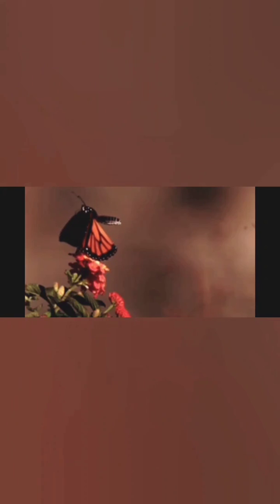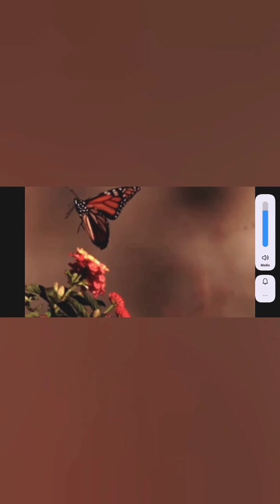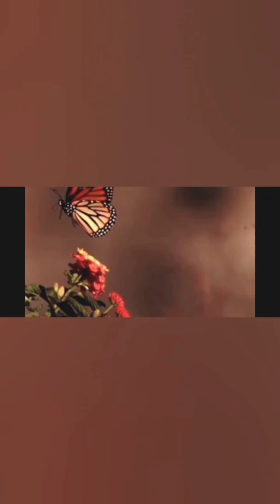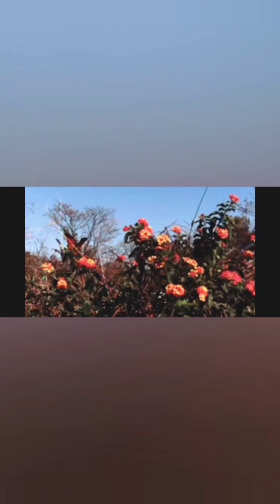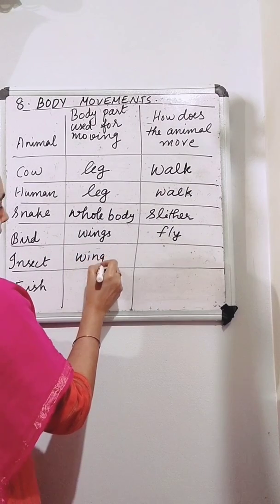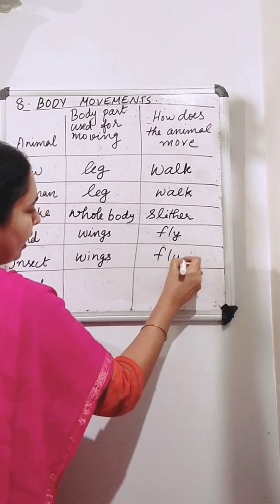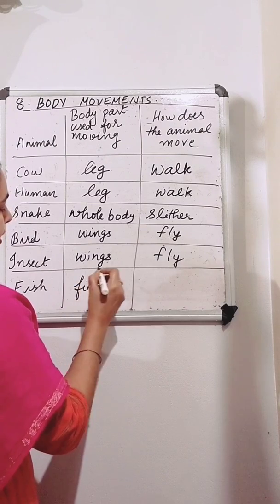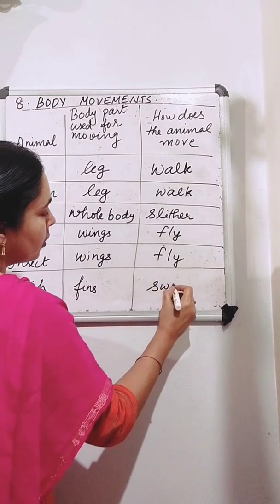Butterflies also use their wings, and the movement is flying. Fish use fins. And the movement is what? Swim.